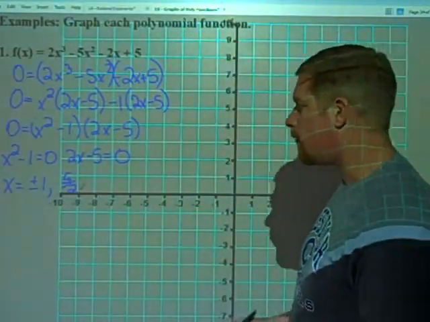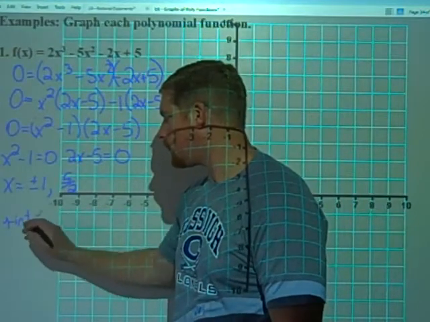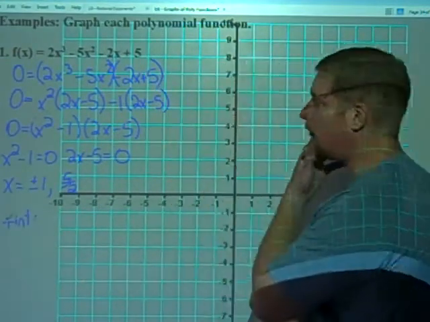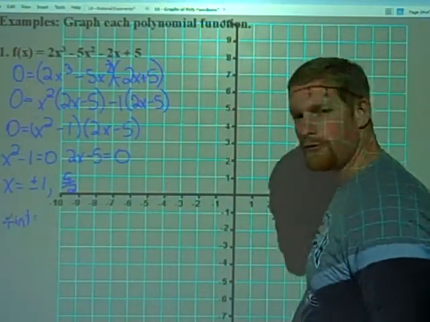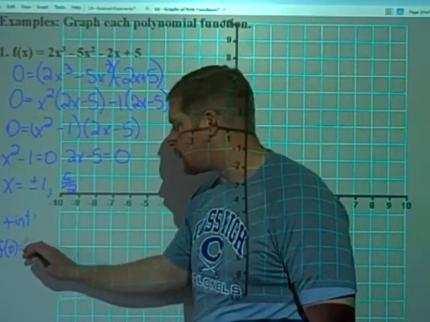Alright, now we must find the y-intercept in order to help us graph. The y-intercept is quite easy. On the first one I'll show you, we said we needed to set x equal to 0.